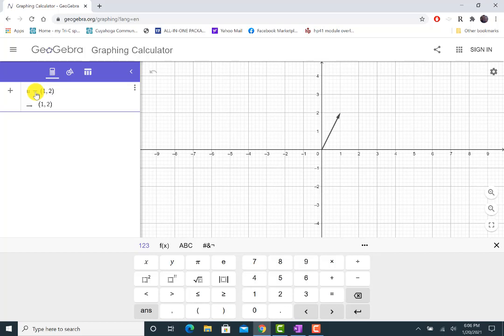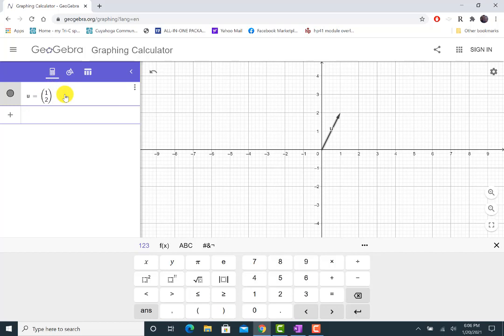Even before you hit enter, you notice it draws a little arrow going to the point 1, 2. If you hit enter, it'll take you to the next line, and look, it does. That's its version of a vector notation. We don't use the same thing here, but there are lots of books that use these curly brackets as notation.